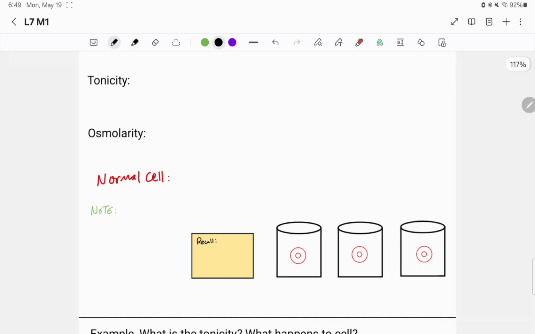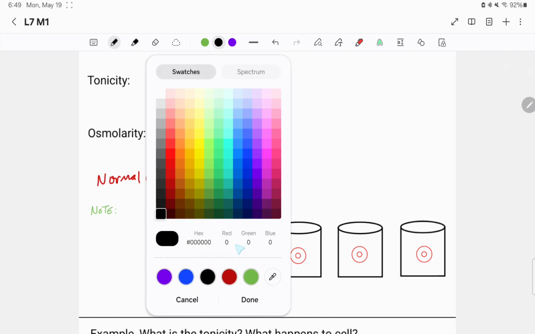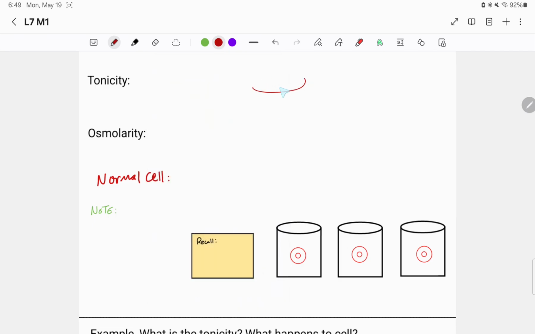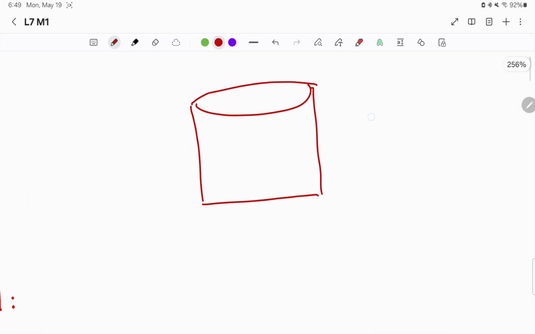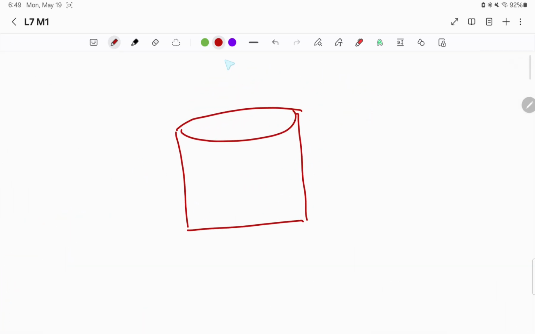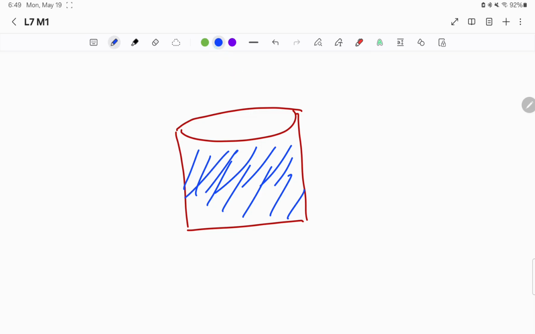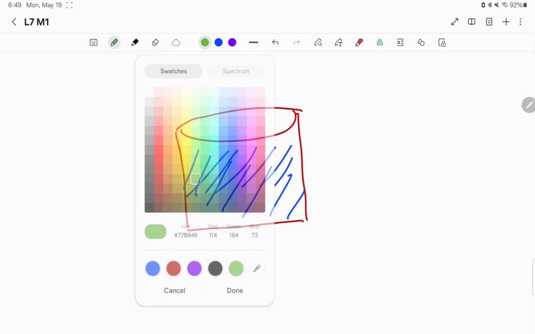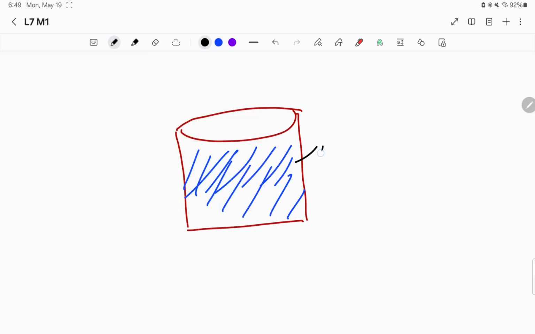So when we start talking about tonicity and osmolarity, we have to get introduced to a very simple concept of solutes and solutions. Believe me, we won't go into too much detail, just enough for you to understand. Let's say I have some sort of beaker or test tube, and within that beaker I have some level of solution, or water or liquid. That amount of liquid inside of that beaker is called a solution.